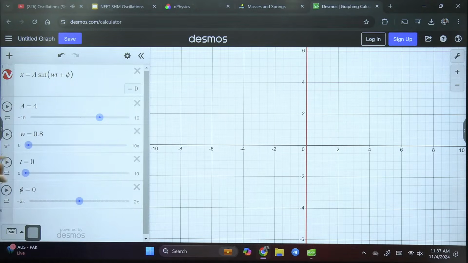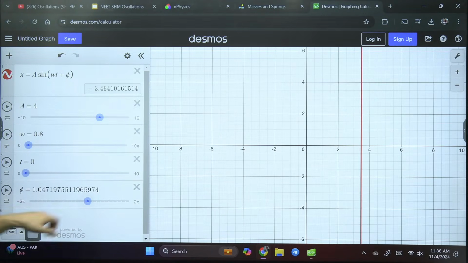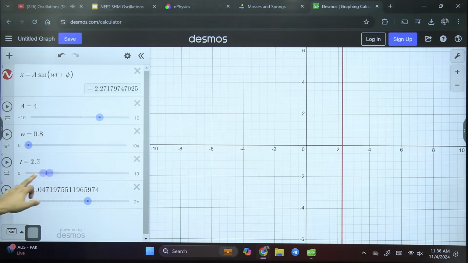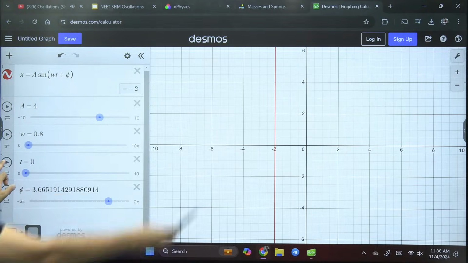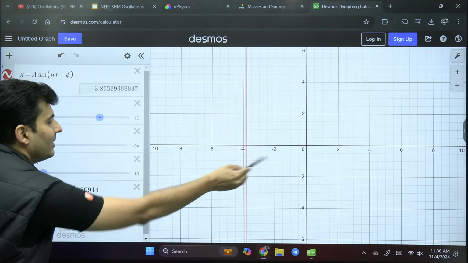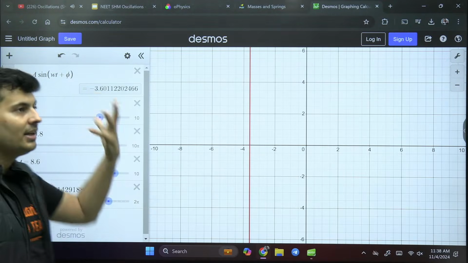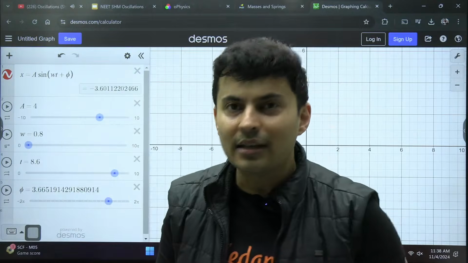So when phi was 0, it started from the origin. But if phi was something else, it starts from some other location. So where was it at the beginning? It tells me the situation at the beginning.